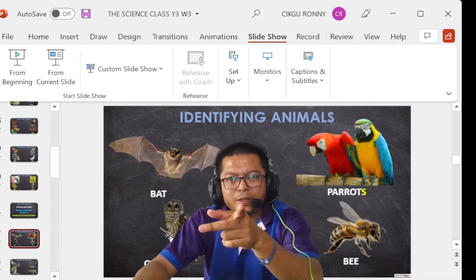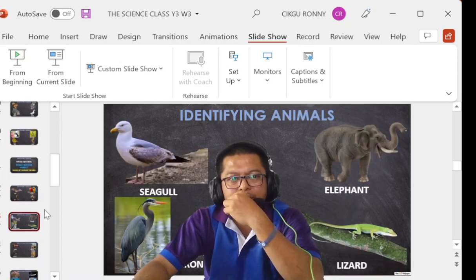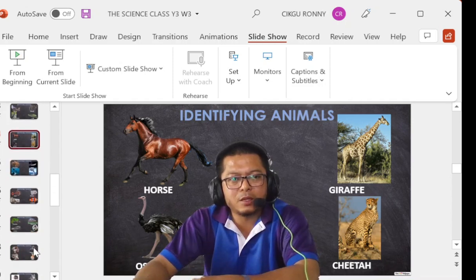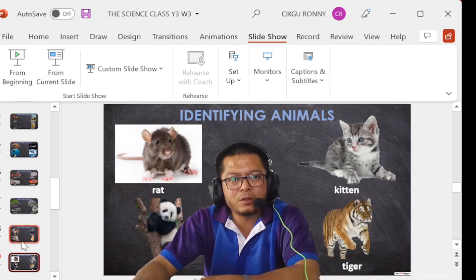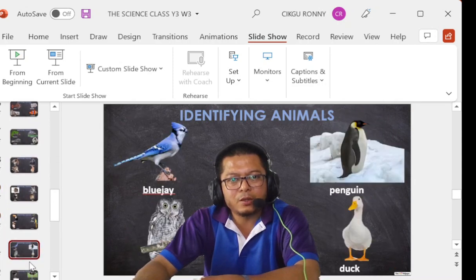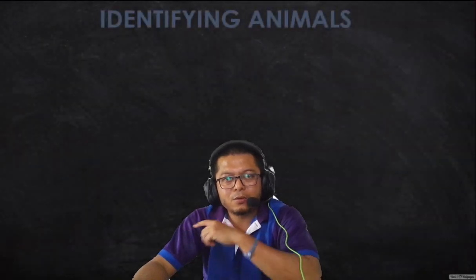Owl already. And ostrich. Yeah, we talked about ostrich just now. This is the second time. So there are two ostriches here and two owls. It's okay, nothing wrong to learn it again.